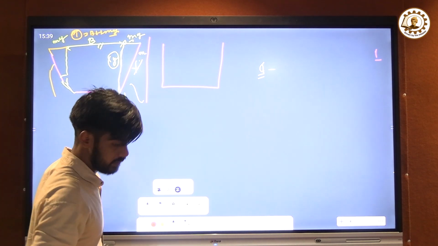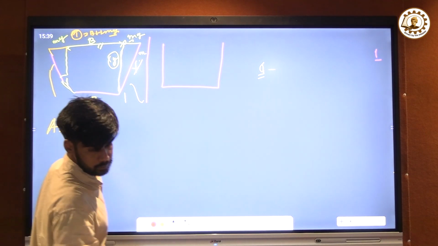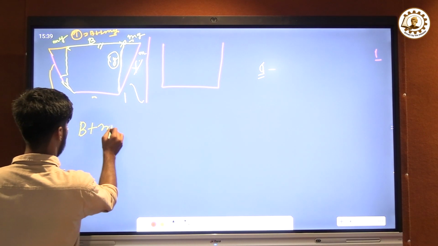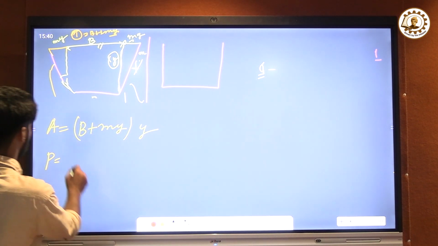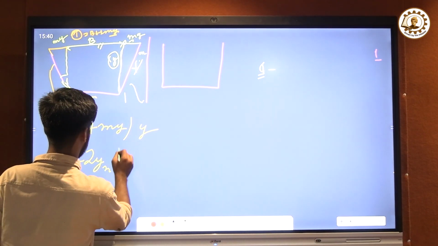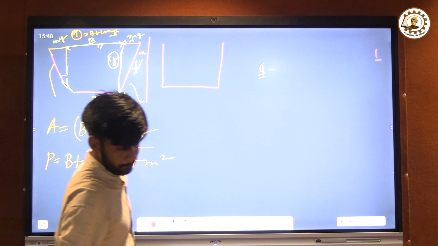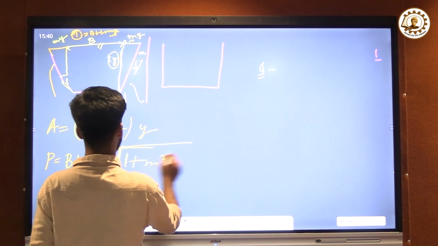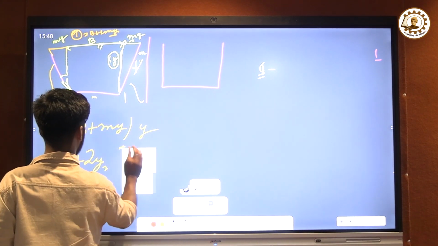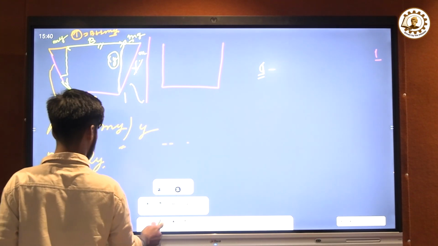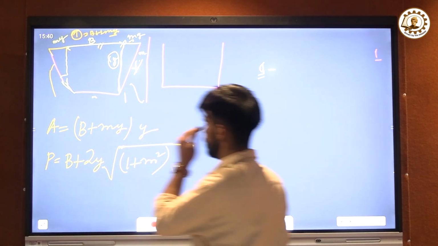For this channel we can write our area is, perimeter is B plus 2y root over 1 plus m squared.